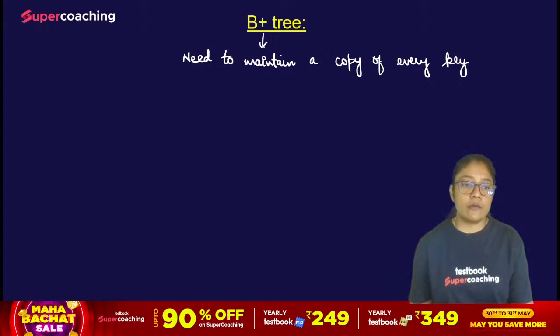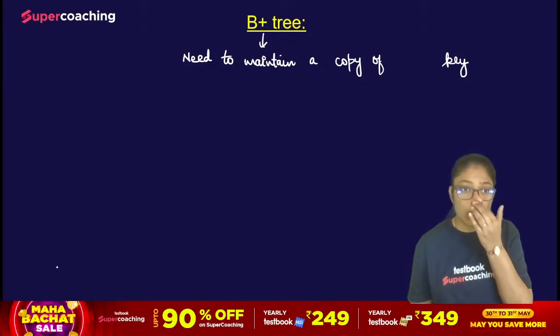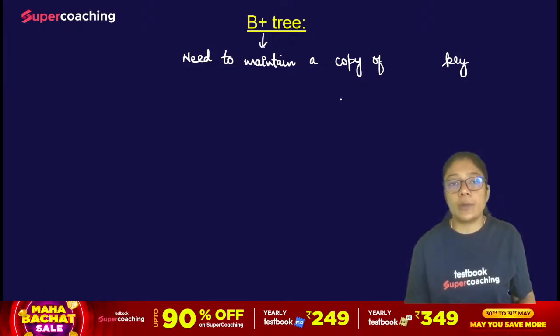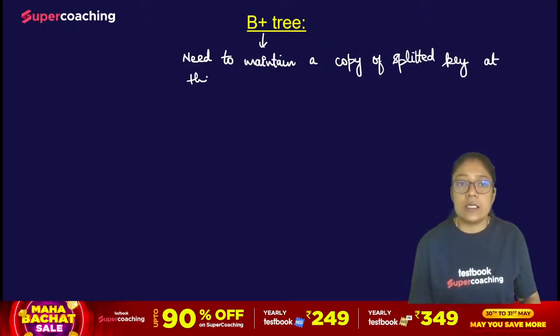Need to have, not every key, only the splitted key. Let me write. Okay, जो की already आपके पास leaf level पे उसकी copy नहीं maintain करेंगे. Need to maintain a copy of the splitted key at the leaf level. बाकी सब कुछ same है.